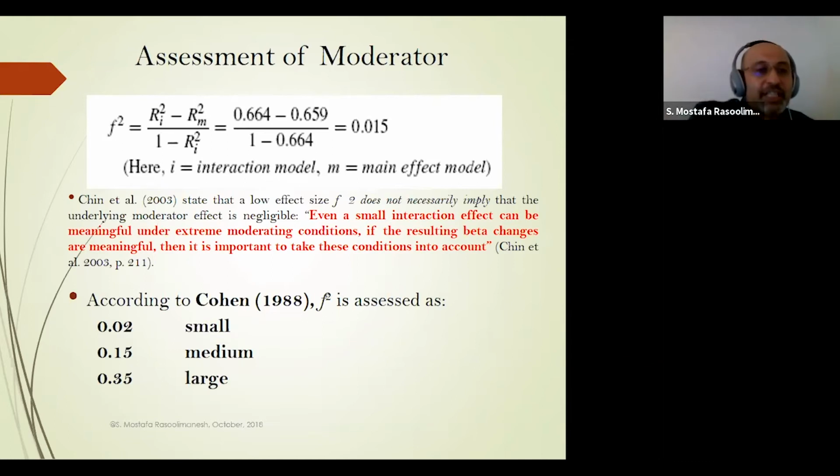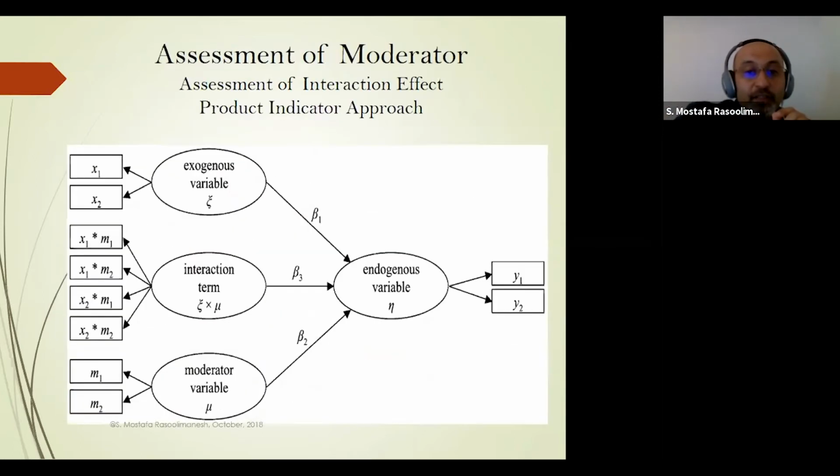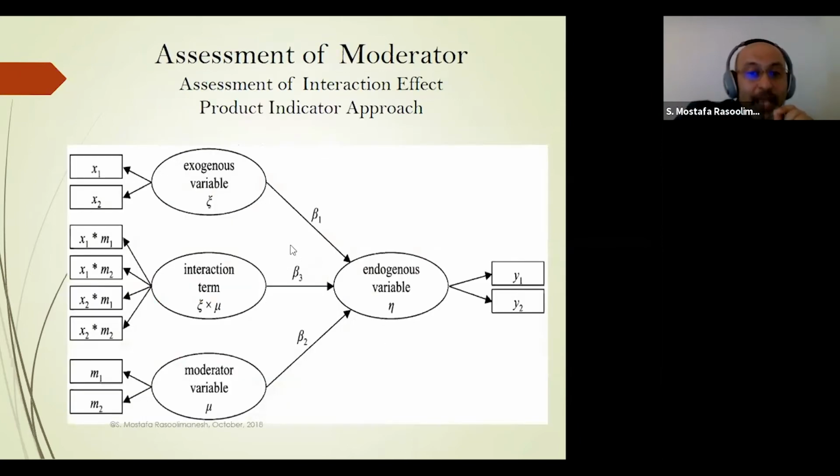If interaction effect is significant, it means there is a significant difference between high and low level of moderator for effect of IV to DV. Okay, so we only look at the path coefficient of interaction.